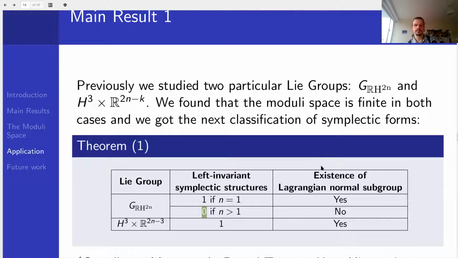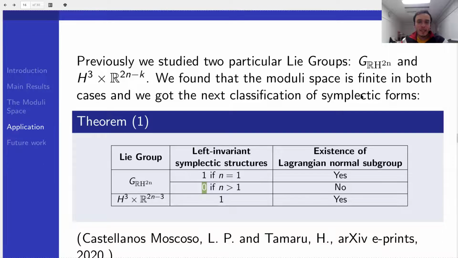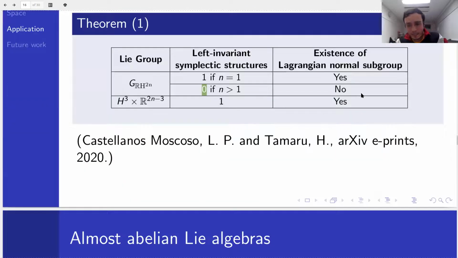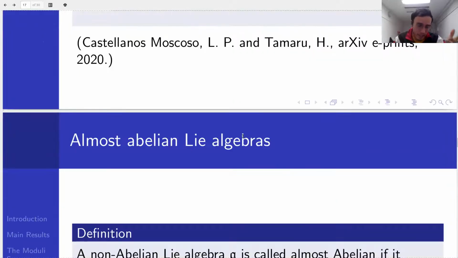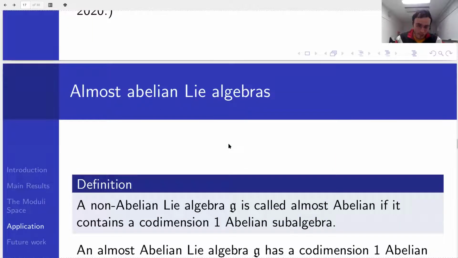So thank you. So these two groups. Again, the reason for choosing these two groups is just that the automorphism group is very big. That was the main reason. But they are also a special kind of Lie group. They are almost abelian Lie groups. An almost abelian Lie group is a group such that the corresponding Lie algebra is an almost abelian Lie algebra.